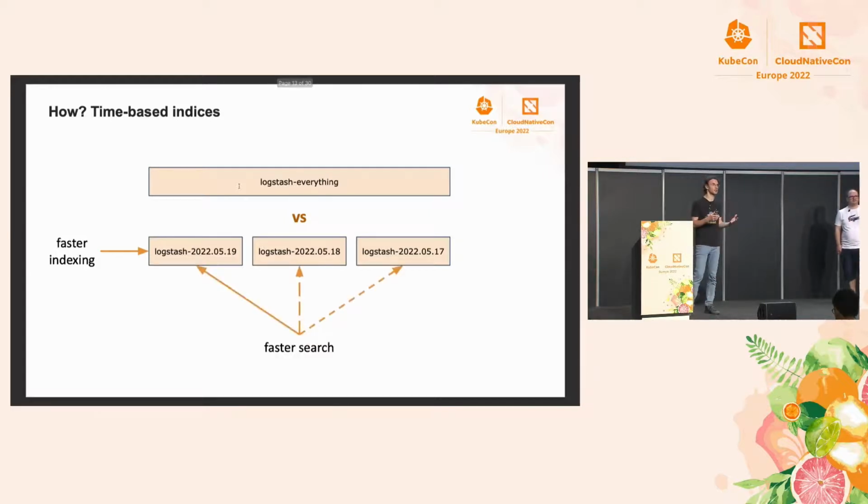When it comes to searches, most of the searches tend to be in the latest data. So again, if we have it broken down by time, we can hit just a slice of our data, and that's going to be faster. But even if we search in all the data, because older indices are not written anymore, they're much more easily cacheable by both Elasticsearch and the operating system underneath it.